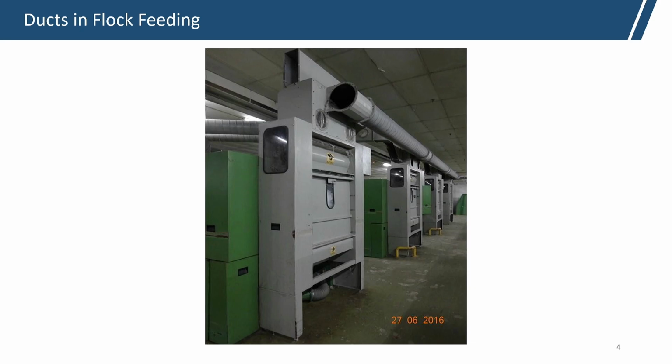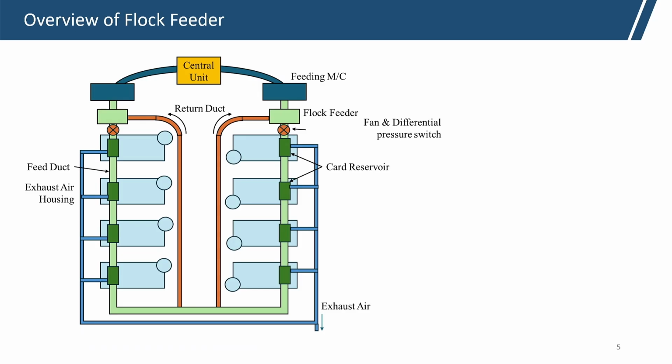This is a photograph of the duct of flock feeding. You can see the fibers move through this duct. And there are control systems, so that the fibers are fed properly to the different carding machines. Now, if you see the overview of a flock feeder, this is the central unit, from where the fibers are getting distributed.